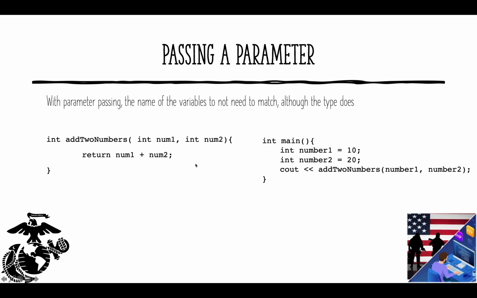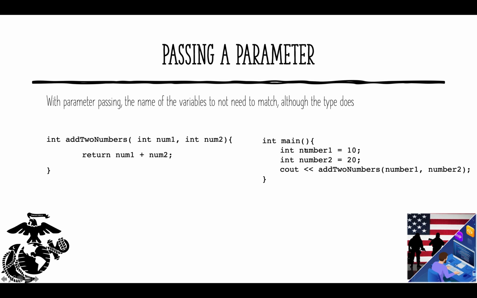Now, we'll touch on this in more detail in the next video, but whenever we're doing a pass by value, you want to use different names. For instance, over here it's titled number1, and over here it's titled num1. The reason is, when you do a pass by value, it makes a copy of this variable. It does not pass in the actual number1 variable.